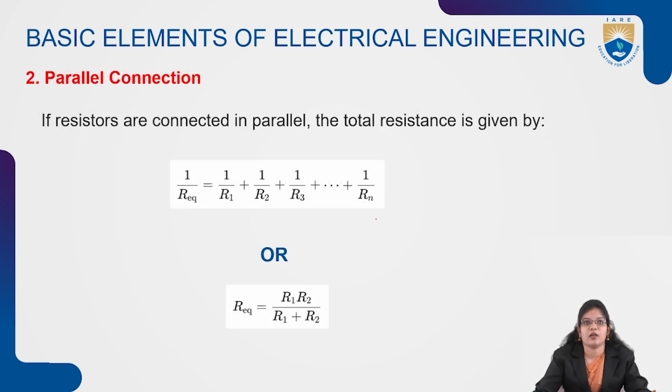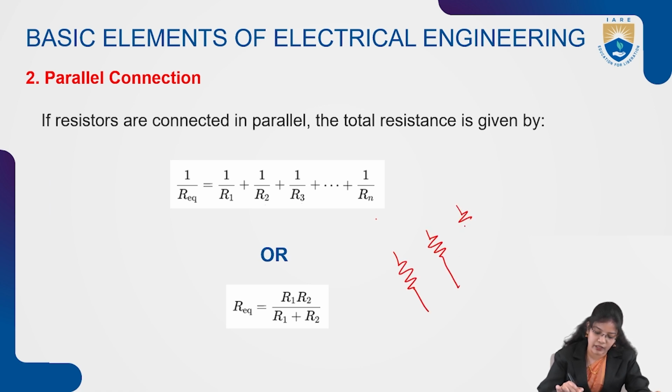Next, coming to the parallel connection. In the series connection, the current is constant across each resistance, but in the parallel connection the current will divide. This is the circuit diagram for the parallel connection. All the first ends are connected to a single line and all the second ends are connected to another single line.